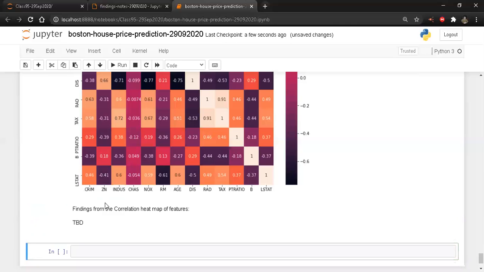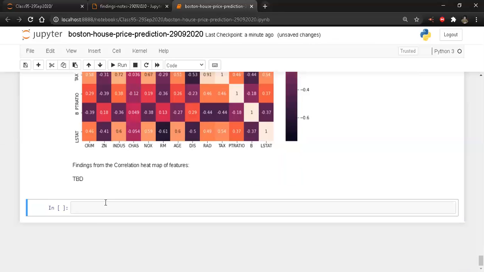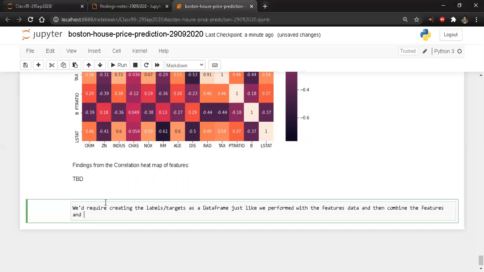And here I'm going to say the next thing we need to do is that we would require creating the labels of the targets, the targets as a data frame, just like we performed with the features data set, right? And then combine the features and the targets.